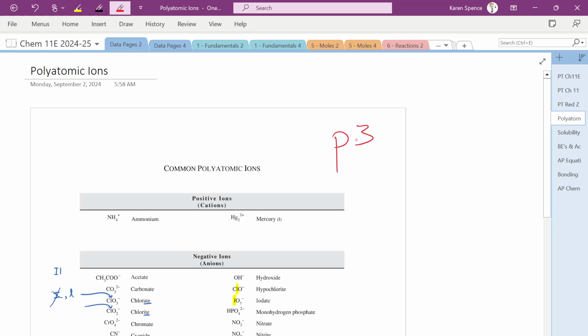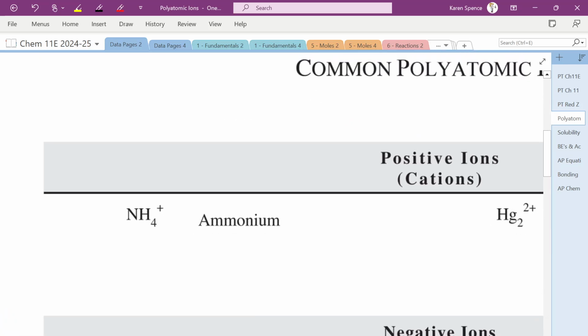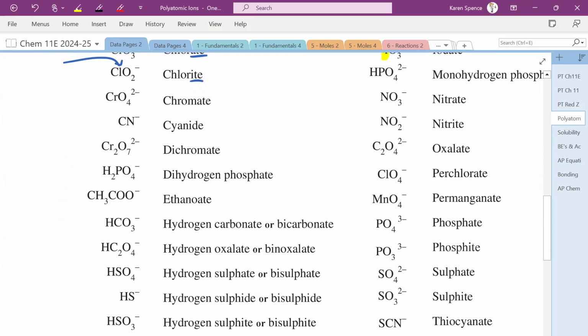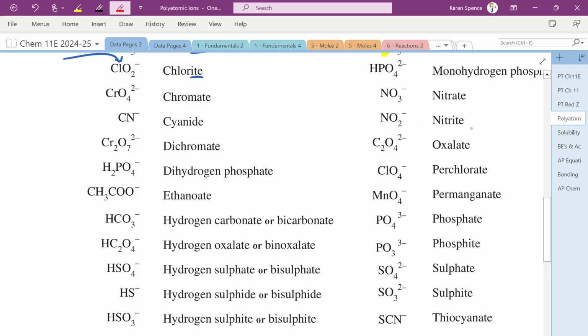Ammonium is one of my only 2 common positive polyatomic ions. And the other one, I think it was C2O4. Where is C2O4? Oxalate. Here we are. So I can look that up. I've got ammonium, I've got oxalate, so the name is ammonium oxalate.